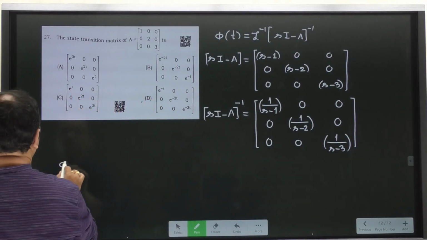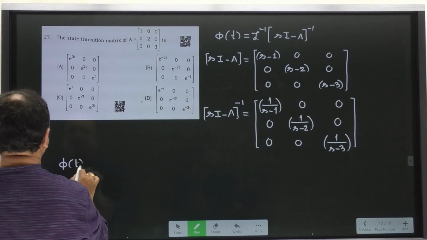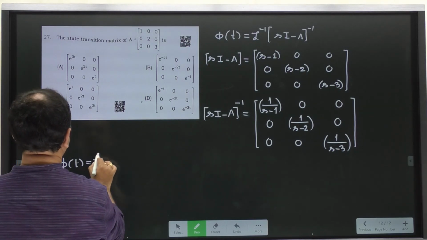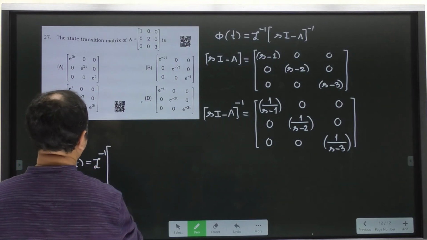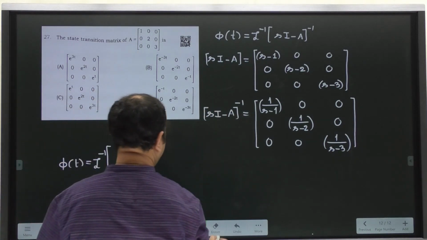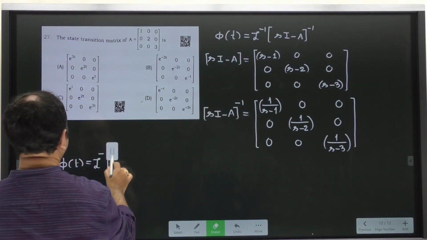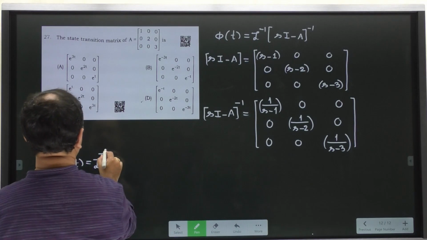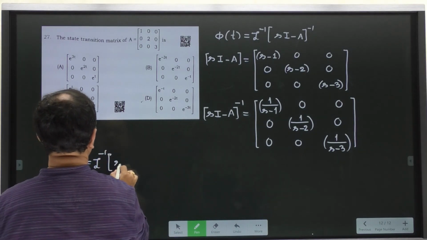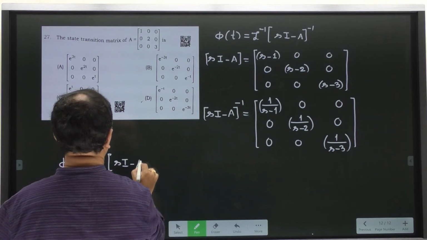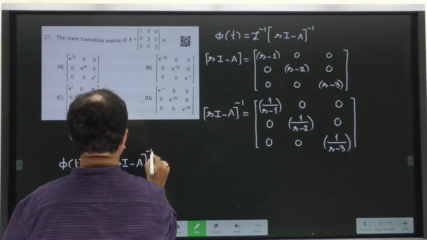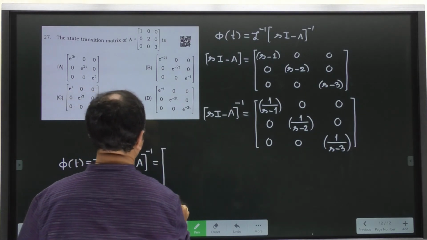Now we want the state transition matrix. The definition is the inverse Laplace transform of (sI minus A) inverse. Therefore, for each element, if you take the inverse Laplace transform, what will you get?